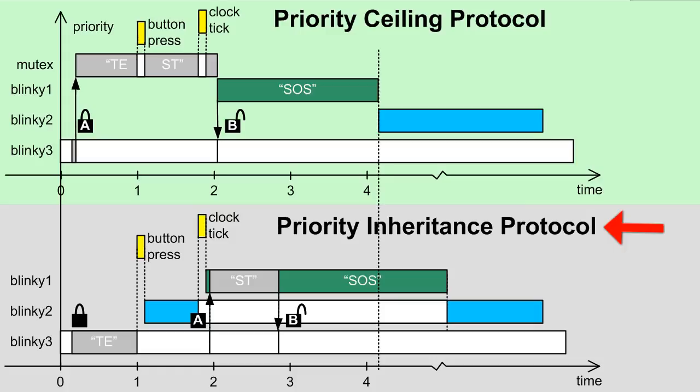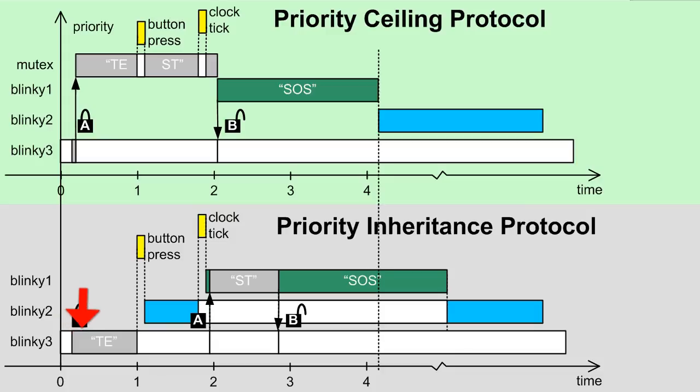The first difference that you don't see in the timing diagram is that priority inheritance mutex does not need to be initialized with any particular priority, like the ceiling priority, because it will adjust thread priorities fully automatically. This leads to the first difference at time A in the diagram, where priority ceiling protocol immediately promotes the thread to the ceiling priority, but priority inheritance does not change the thread priority at this point yet.